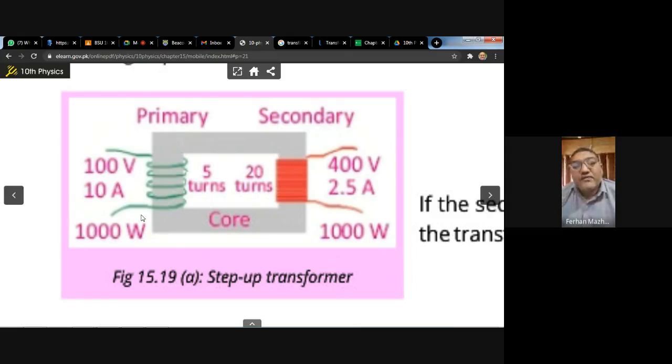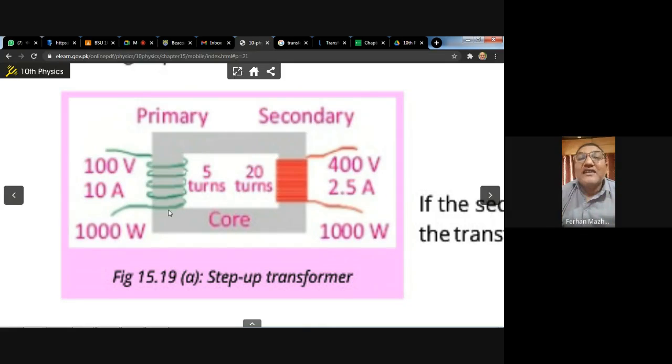The EMF is alternating. In the primary coil, we have connected an alternating current, AC current. Because the direction of the alternating current is changing, the primary coil becomes an electromagnet, and because the direction of the current flowing through it is changing, the polarity of the electromagnet produced on this coil is also changing.